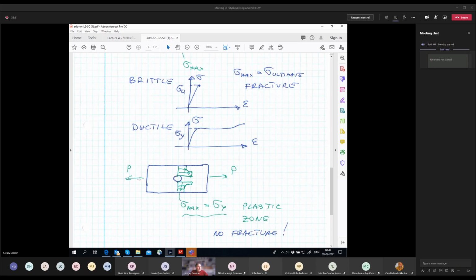So if you keep on increasing this force, then what happens? You have a gradual increase in the plastic zone, and then you can immediately see that the stress concentration factor for the elastic-plastic deformation will decrease, because the maximum stress cannot be larger than yield stress, and the nominal stress keeps on increasing.